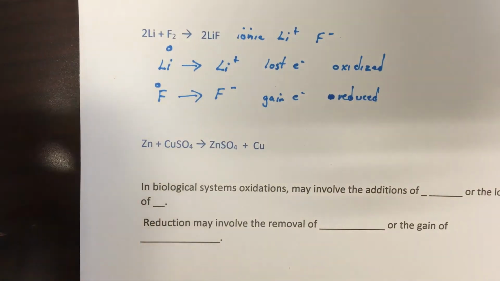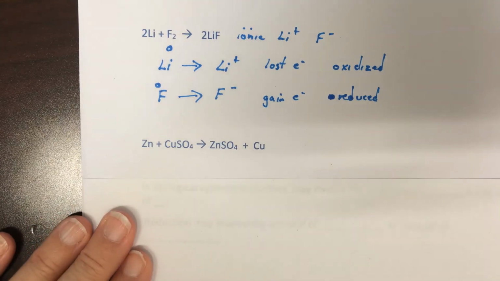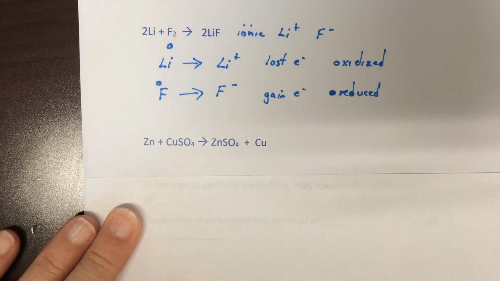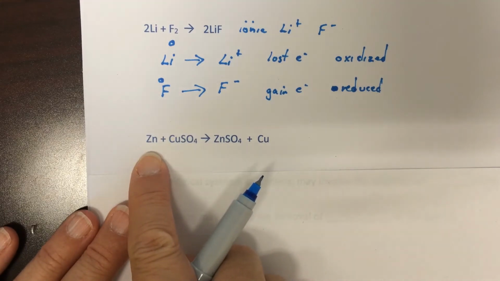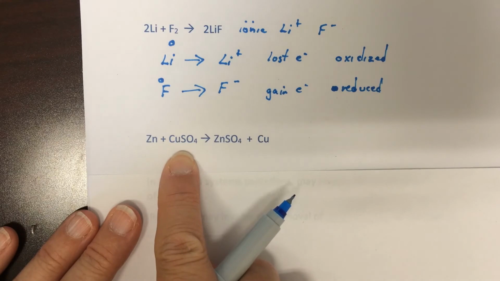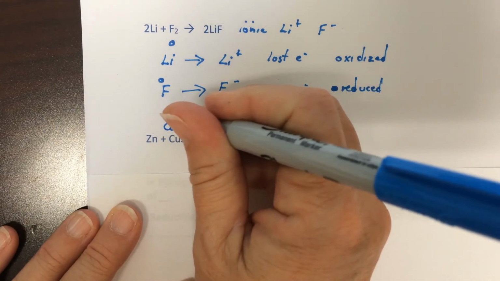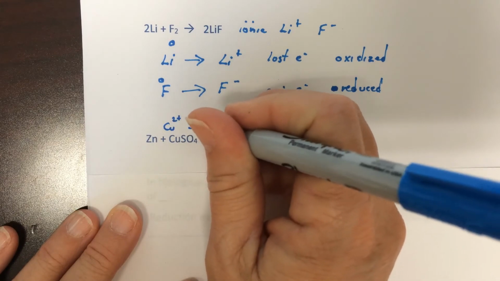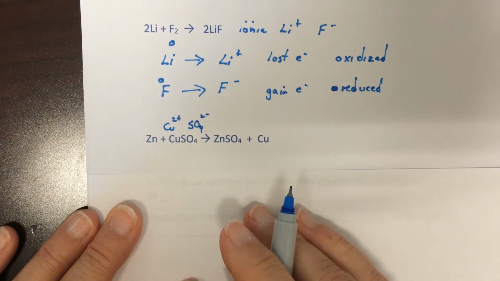We've got zinc. It's going to react with copper sulfate, making zinc sulfate and copper. So this is an ionic compound. It's composed of copper with a positive 2 charge and a polyatomic ion, sulfate, with a negative 2 charge.